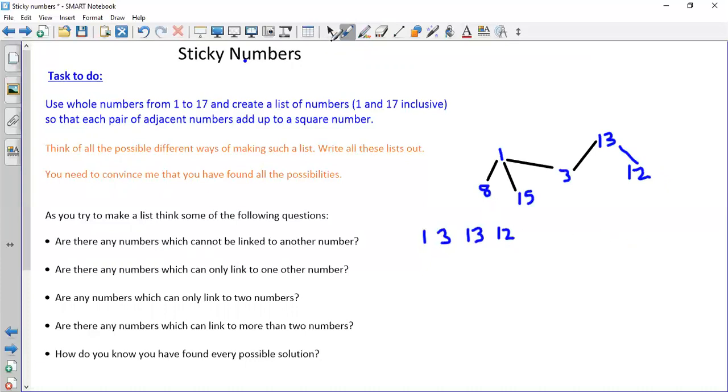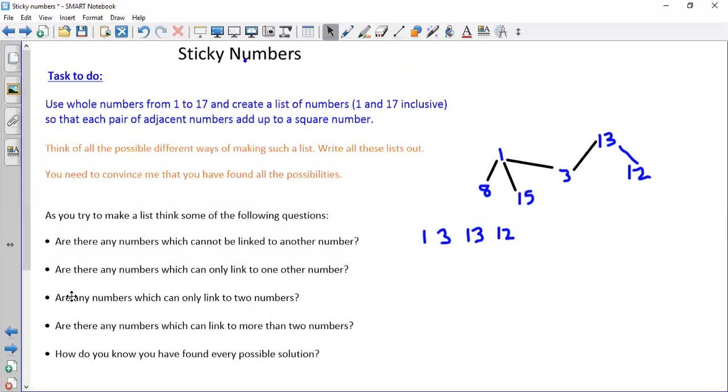Okay. So I'm hoping you get the idea what you need to do. As you are writing this list, you can also start to think about these questions, or you might think of some other questions. But this is something that I thought of when I was doing this problem. So are there any numbers which cannot be linked to another number? Or are there any numbers which can only link to one other number?